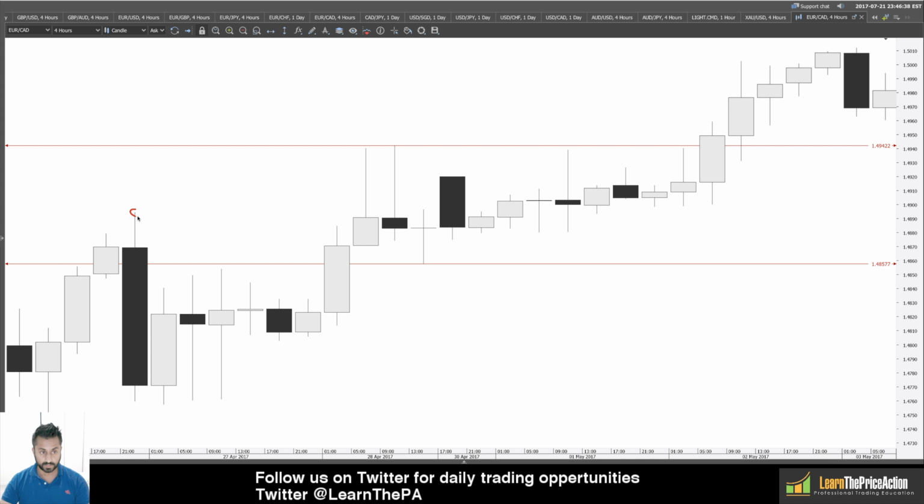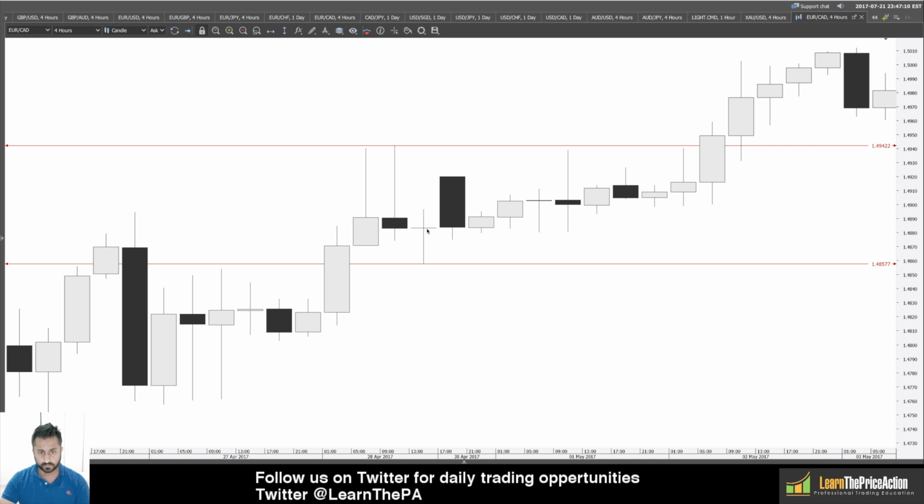As you can see, it made a high, and this made a lower low, so this low is lower than this. That means this is the last hook point. Market then came sideways, went up, and came down. So if you want to go long on this, you have to put your stop loss below this pin bar, which is right here.